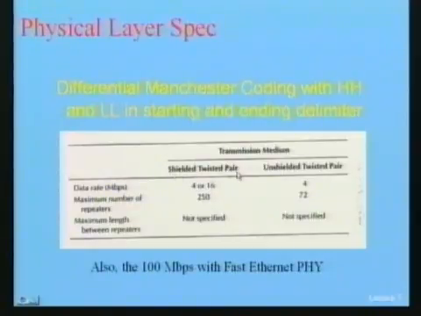Then in addition to that, when they went to fast Ethernet, these guys also went to fast token ring, if you want to call it that. Fast token ring is 100 megabit per second. But the physical layer that they are using is the same as the physical layer of fast Ethernet. We will talk about that later.